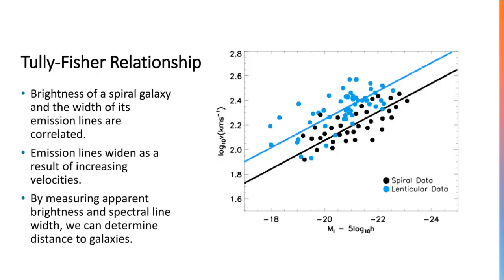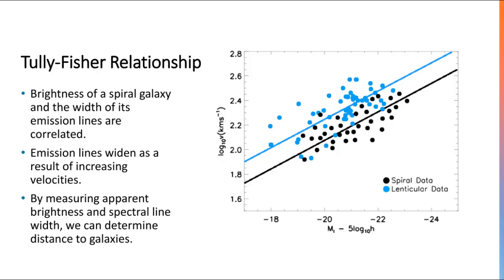But when something is moving, and especially as galaxies move and rotate, those emission lines are no longer a very narrow peak, but they can spread out a little bit. So you can measure the width of those emission lines, and it turns out the width of those emission lines is correlated to the brightness of the spiral galaxies.